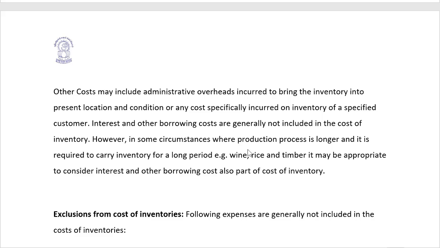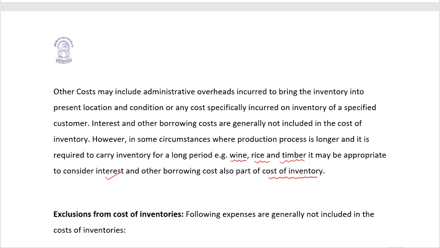Interest and other borrowing costs are generally not included in the cost of inventory. However, in circumstances where the production process is long and it is required to carry inventory for a longer period of time, like wine, rice, timber, it may be appropriate to consider interest and other borrowing cost also as a part of inventory.